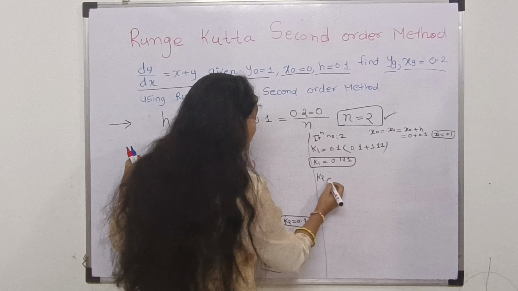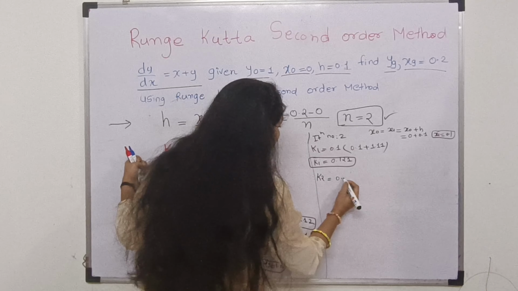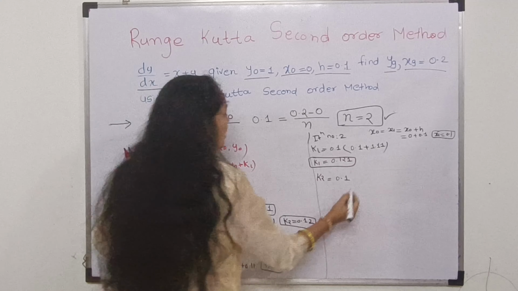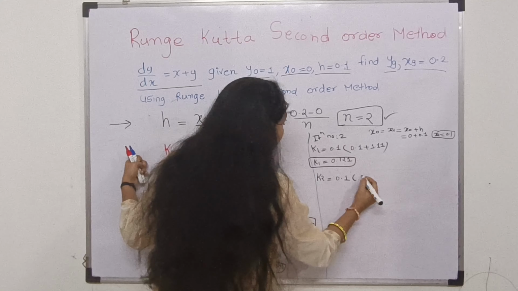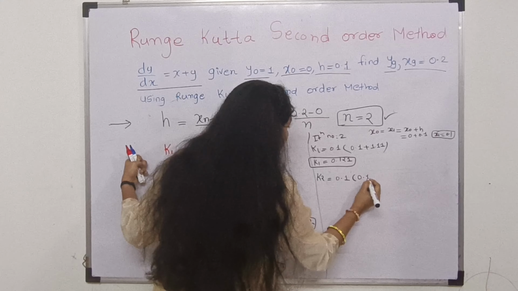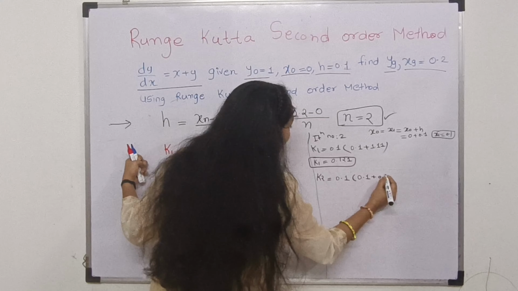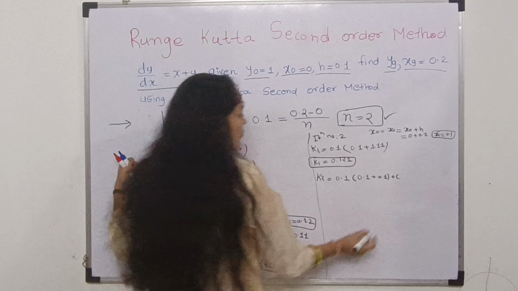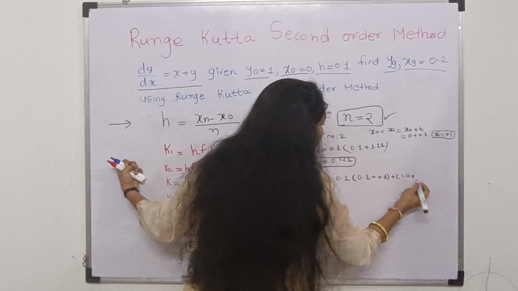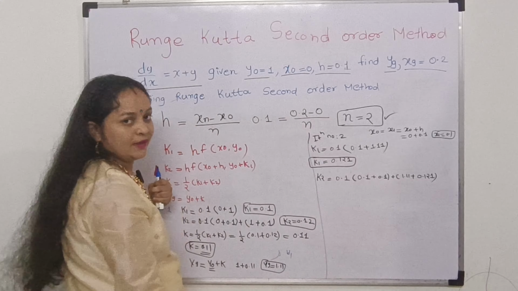Go for the calculation of K2. So it is h, and the h value is 0.1, which is the function of x0. The x0 value is now 0.1, right? Plus h, which is again 0.1, plus y0, which is y1, that is 1.11, plus K1, which is 0.121, right?